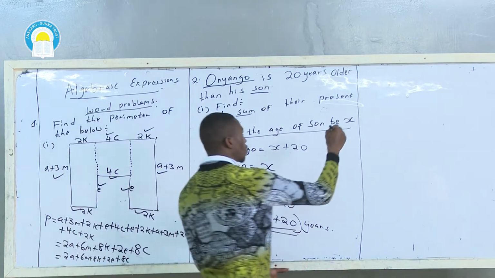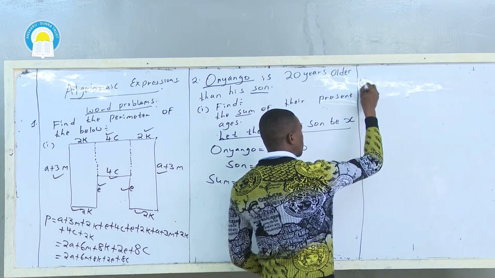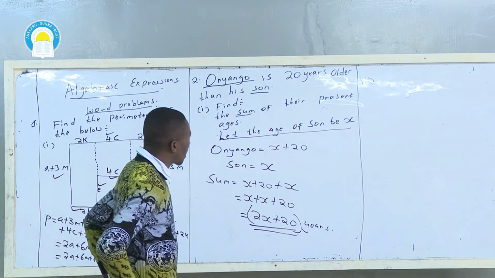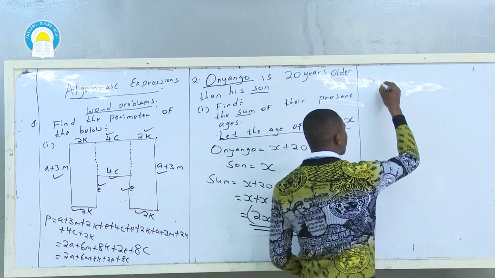Roman 2 part of the question says that find the sum of their ages in 5 years time.